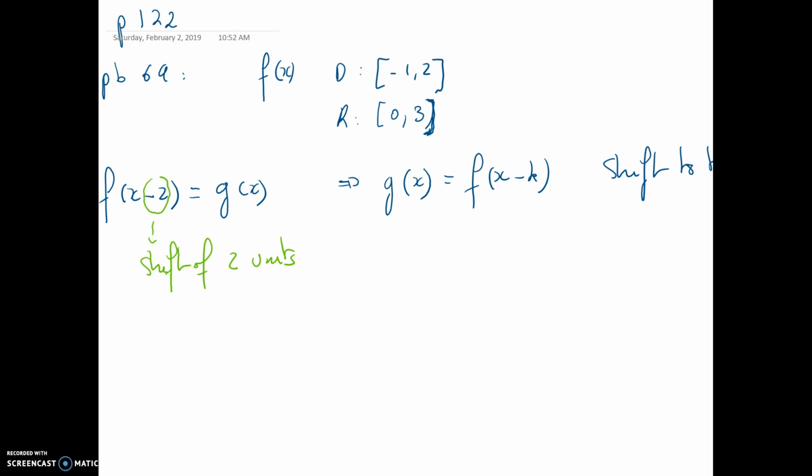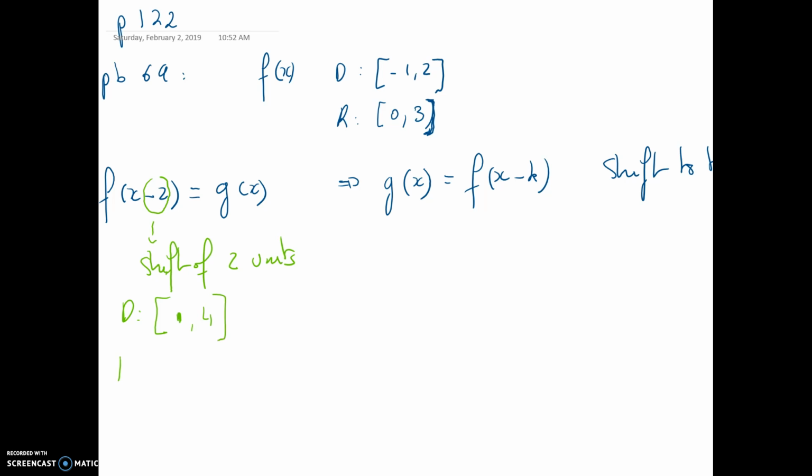Therefore, I'm dealing with a new domain for my function g of x. It's going to be -1 plus 2, because I'm moving 2 units to the right. So -1 moving 1 unit will be 0, moving 1 more unit will be 1, and 2 moving 2 units to the right will be 3, then 4, and my domain will be [1, 4].